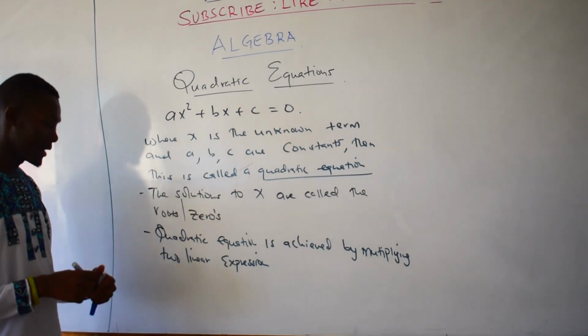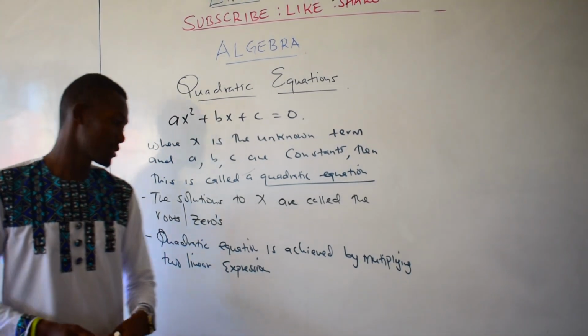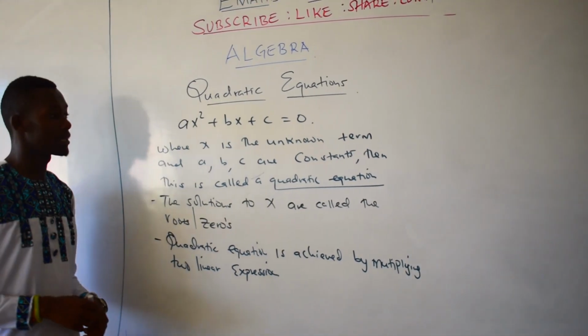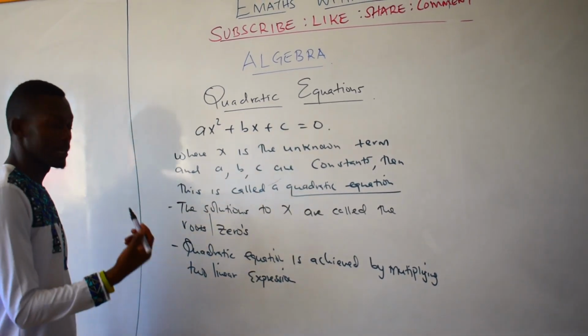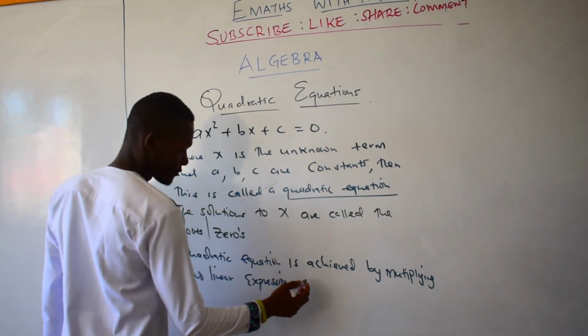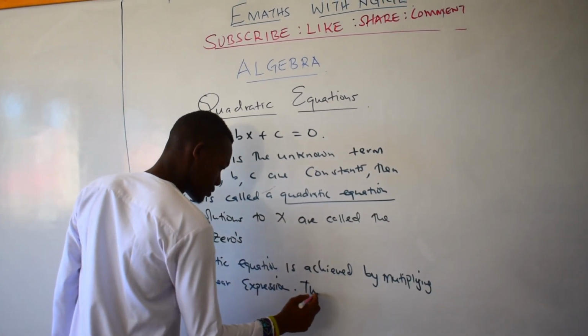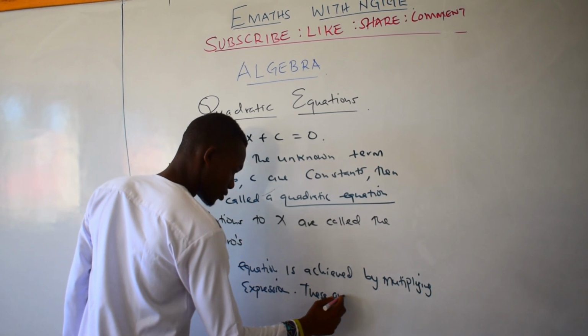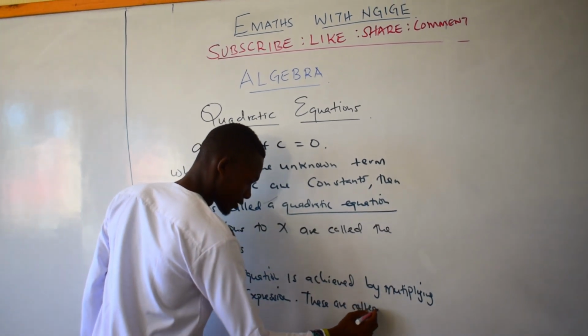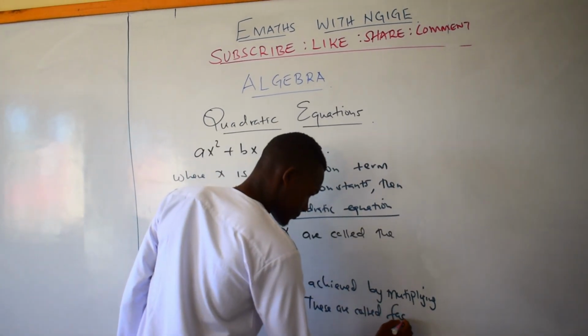So when you multiply 2 linear expressions, you get a quadratic equation, and the linear expressions are called factors.